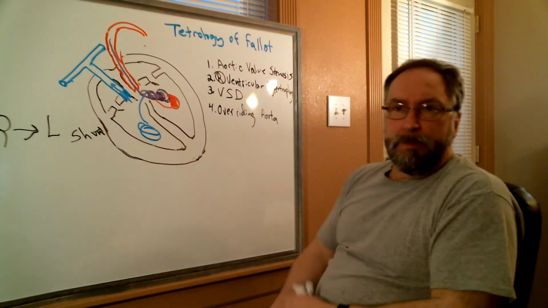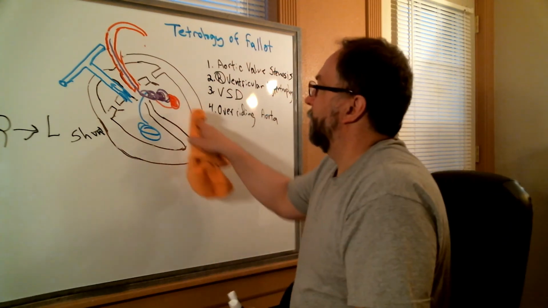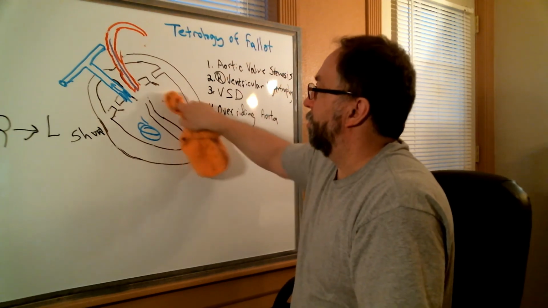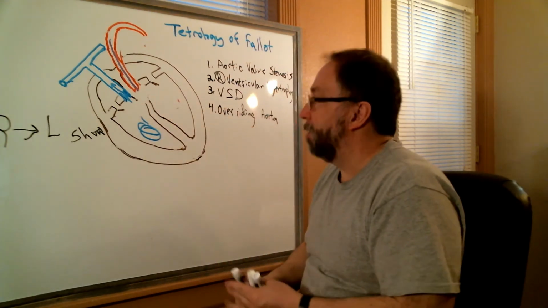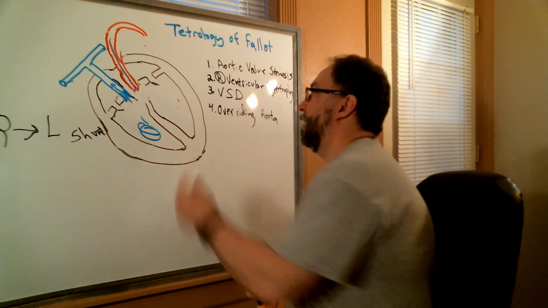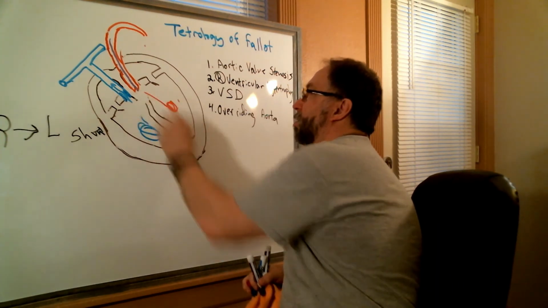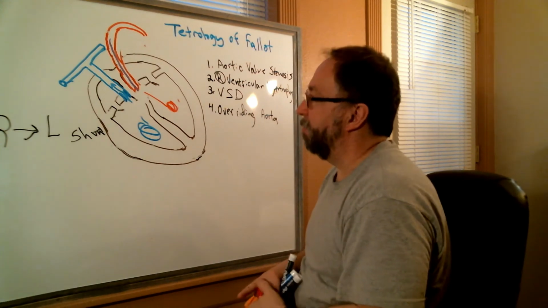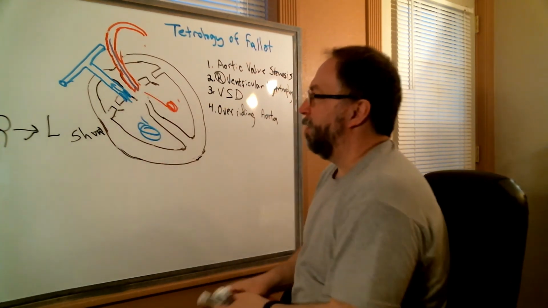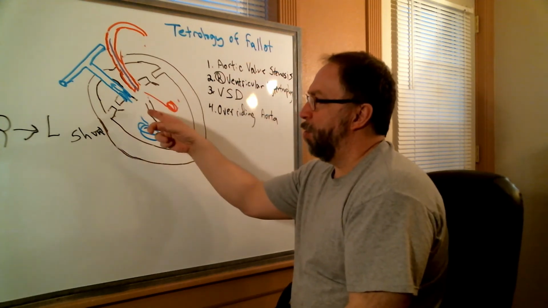Another problem that happens here. Let's get rid of all this crap here, just so you can see what I'm about to draw. You've got this guy here, and it's going to be below, pushing up there. You've got this overriding aorta. And remember, this is a three-dimensional thing, so that hole is going in there.